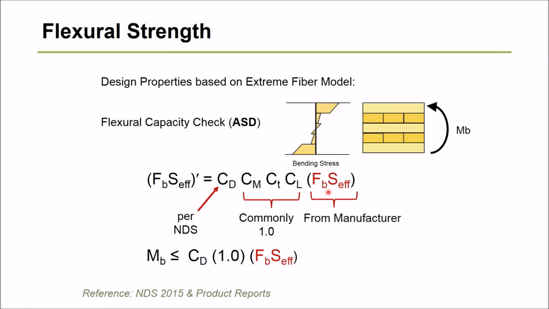So for almost all floor or roof applications within a building, that's going to resolve to our time duration adjustment factor times the bending capacity given to us by the manufacturer. So it's a pretty simple check. Our applied bending moment needs to be less than the provided bending capacity times the duration adjustment factor.